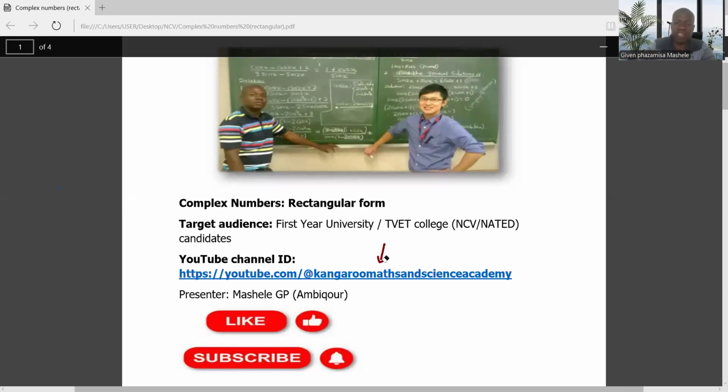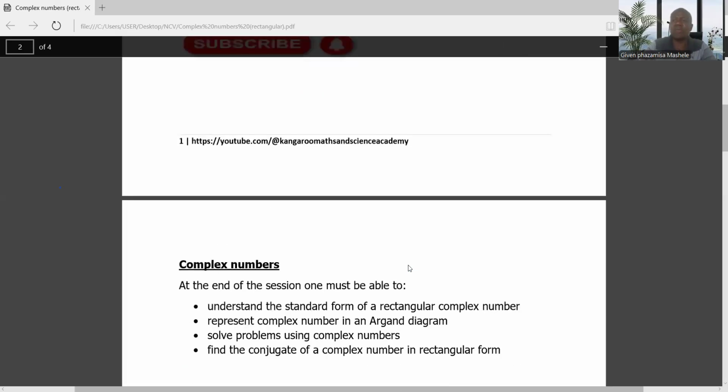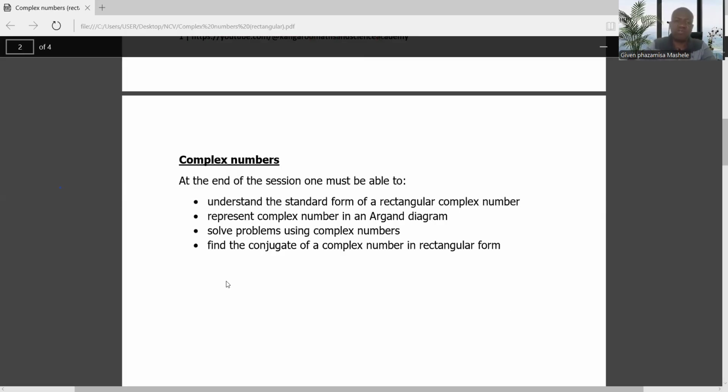Without further ado, ladies and gentlemen, let's now start with the learning outcomes. At the end of the session, one must be able to understand the standard form of a rectangular complex number, and also be able to represent the complex number in something called an Argand diagram. We'll talk about this.